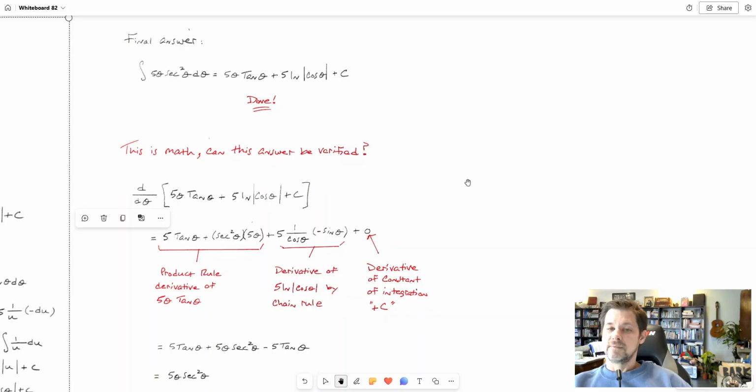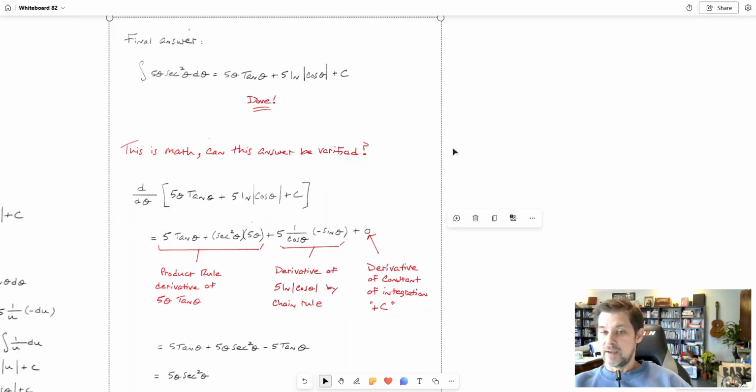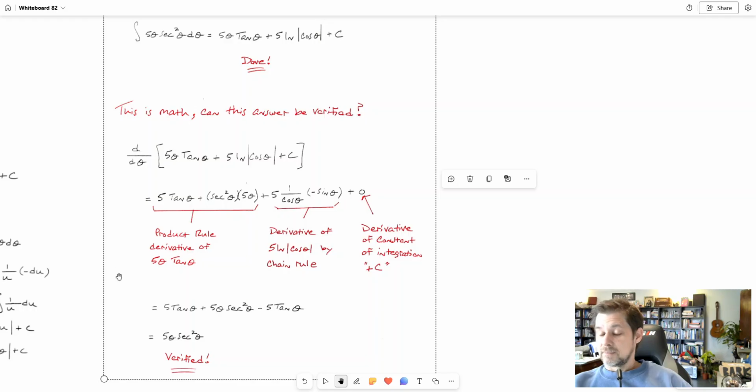So let's see if that does in fact happen. If I find the derivative with respect to theta of this supposed correct answer, I should get 5 theta secant squared theta. Now, partially I'm doing this because I'd like you to see how it's done and what it means for this answer to be correct, this independent verification.